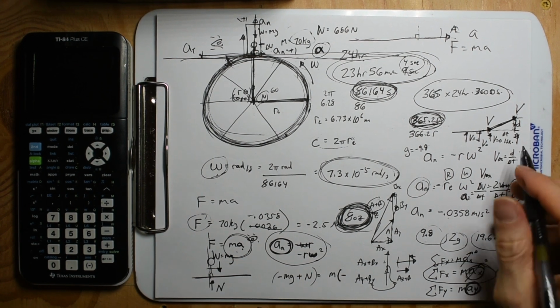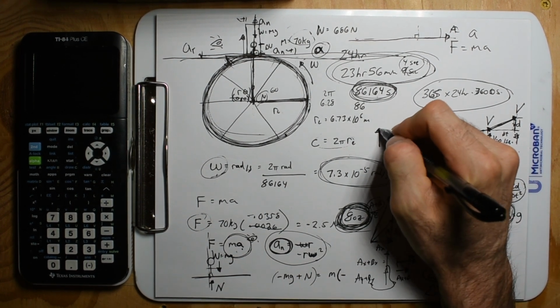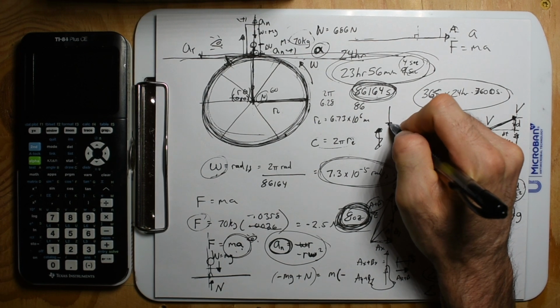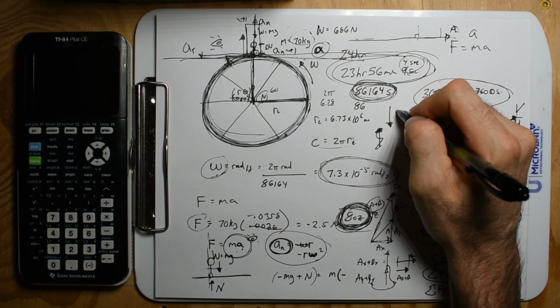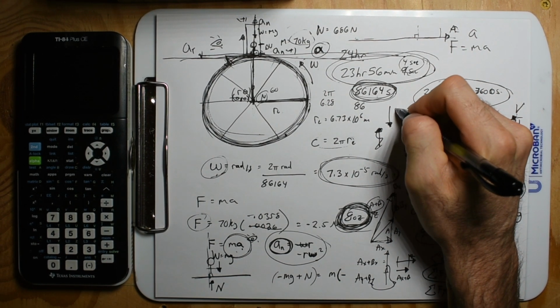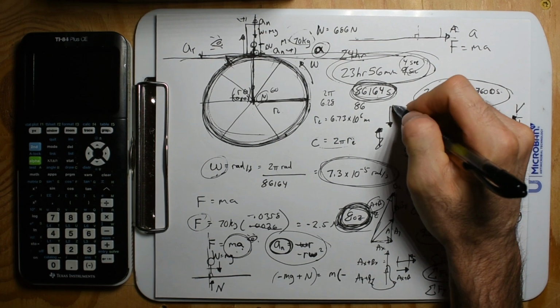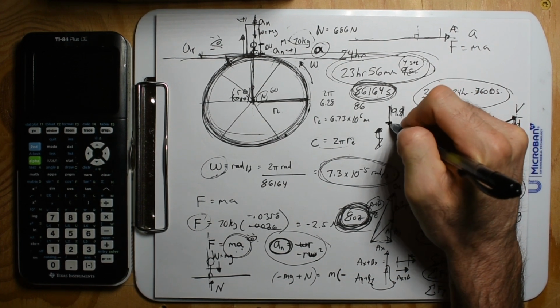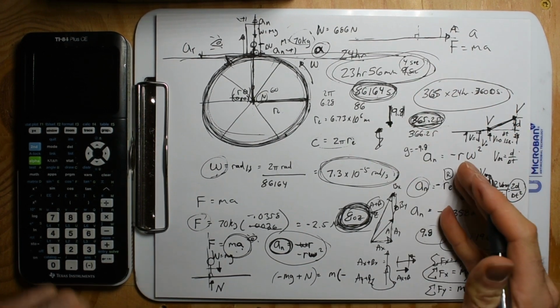It's so bizarre when you actually draw a vector in the negative direction and then say that makes g positive 9.8, or the absolute value of 9.8 if you draw the vector in the negative direction.